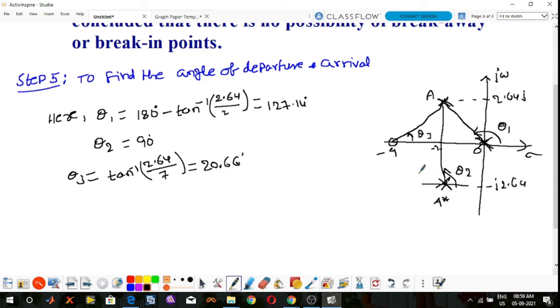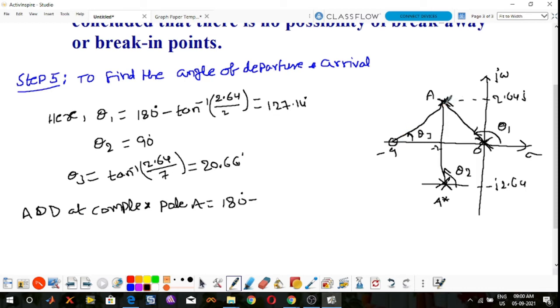And the basic expression of the angle of departure at a complex pole A is equal to 180 degrees minus the sum of angles of vectors to the complex pole A from other poles, plus the sum of angles of vectors to the complex pole A from other zeros.